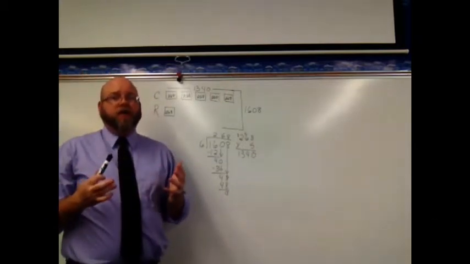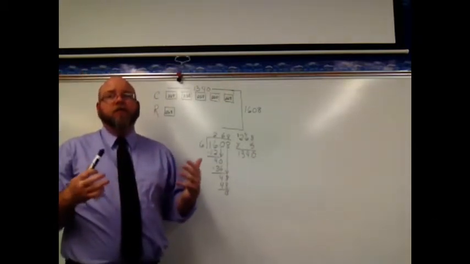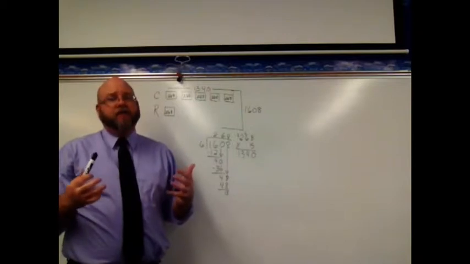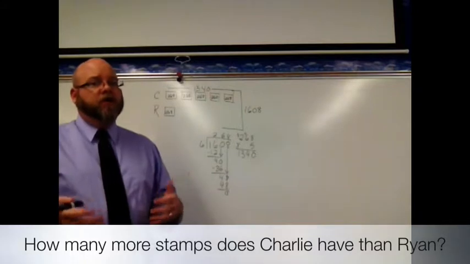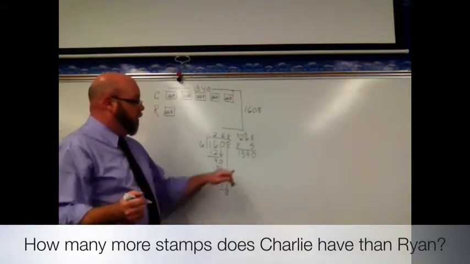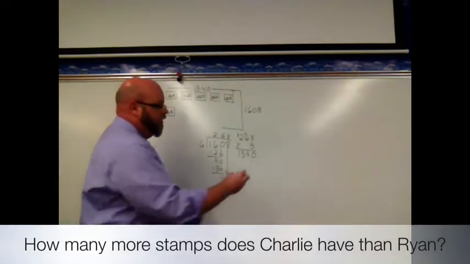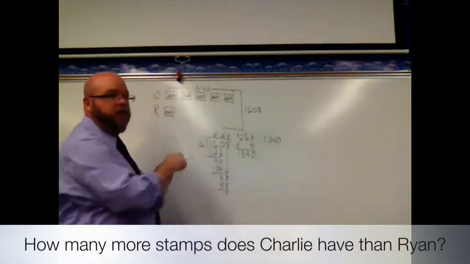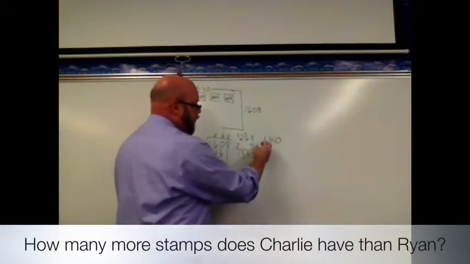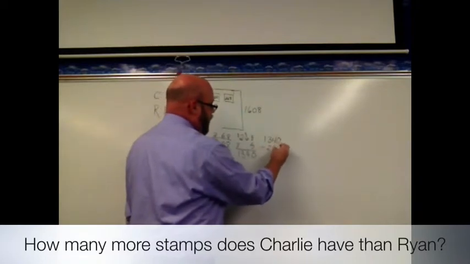But the final part of the question asks, how many more stamps does Charlie have than Ryan? Well, that asking of how many more tells me I'm going to subtract. I'm going to take the number of stamps Charlie has, 1,340, and I'm going to subtract the number of stamps Ryan has, minus 268.